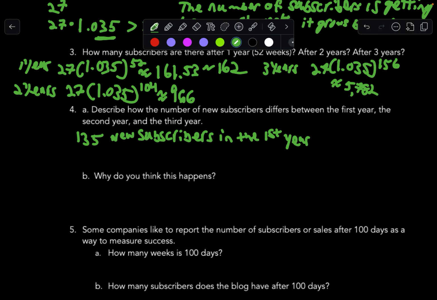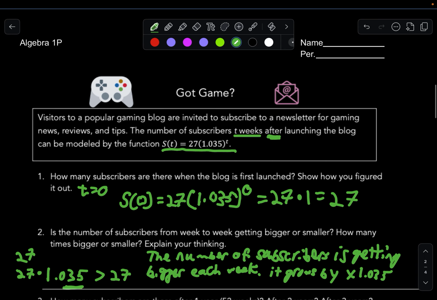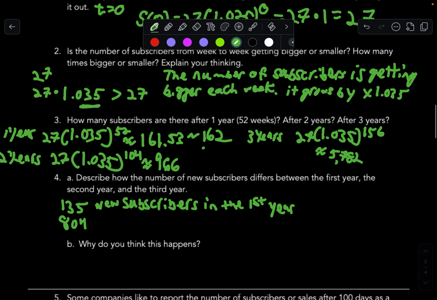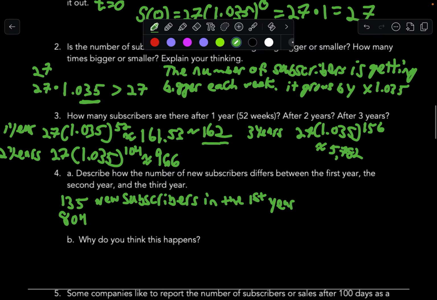Then after the second year, there were 804 new subscribers. And what we're doing is taking the differences. So there's 162 after the first year. So we went 162 minus 27 and got 135. Then after 2 years, there's 966, and we subtract from that 162, and that gave us 804 new subscribers. So they're doing differences in the second year.